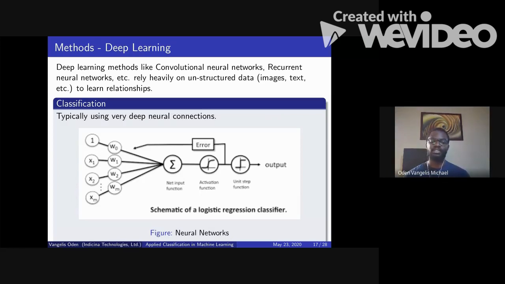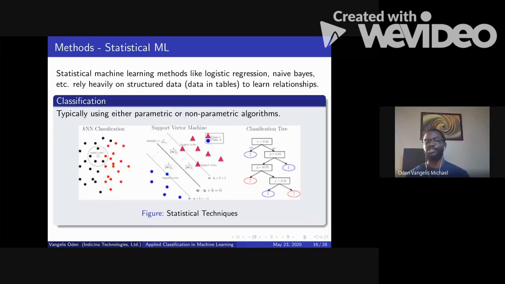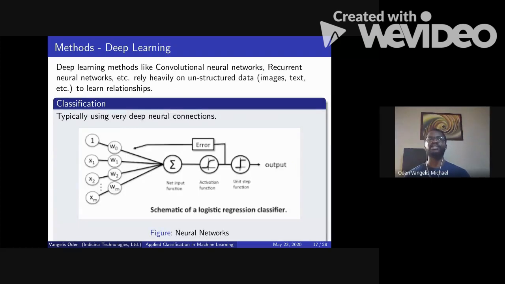Those types of data points cannot fit into a linear classification algorithm that just tries to separate two data points linearly, right? So we need more advanced techniques that can identify each of the data points and say, okay, based on what I've identified, I think this image or this sound or this video belongs to this particular class, right?